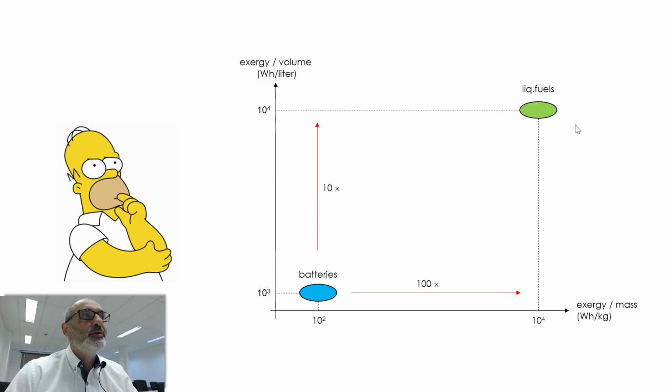I'm talking about liquid fuels, not gaseous fuels. And liquid fuels can do 10 times better than batteries when volume is taken into account. So the problem with using batteries in self-propelled vehicles is that, compared to liquid fuels, they are going to be heavy, cumbersome and very large.